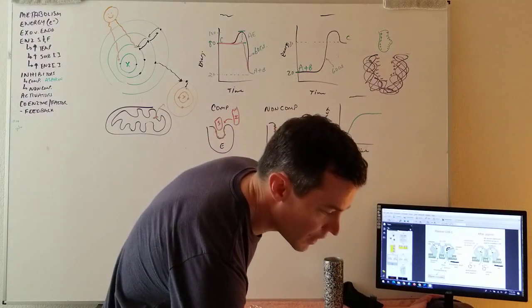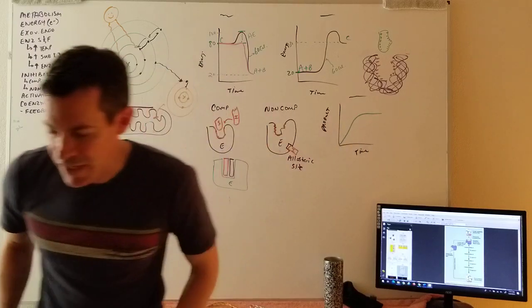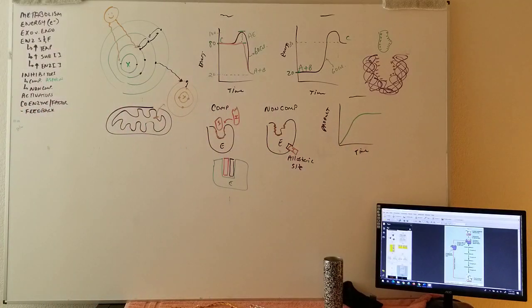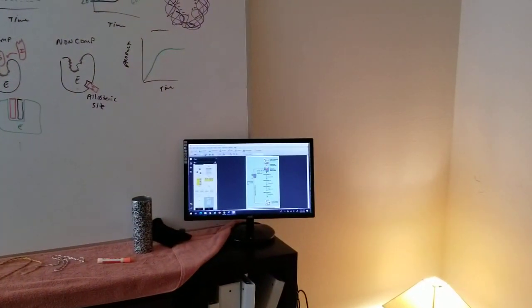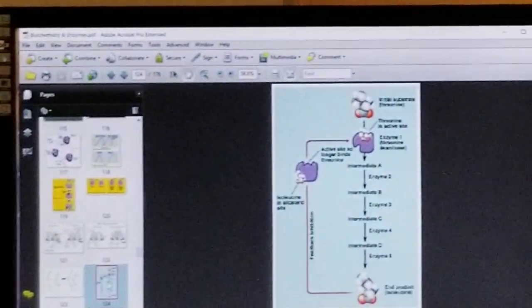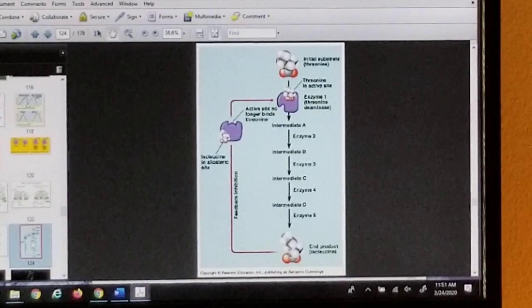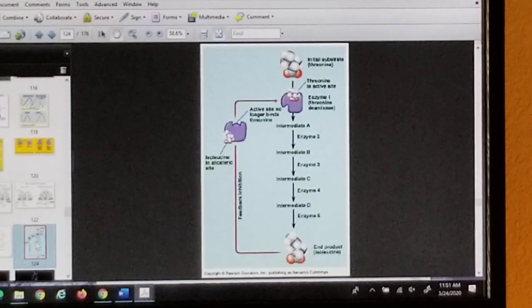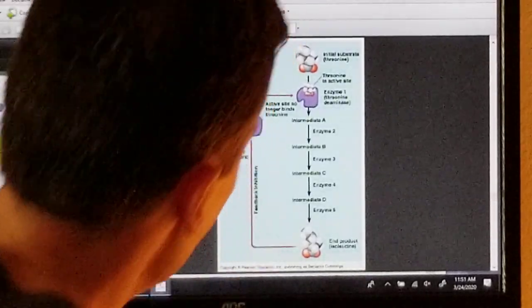Looks like we do have time for negative feedback really quick. So here's an example of negative feedback. Let me adjust the camera again. Okay, on this what we're seeing is the final product is feeding backwards and turning off the generation of the product.